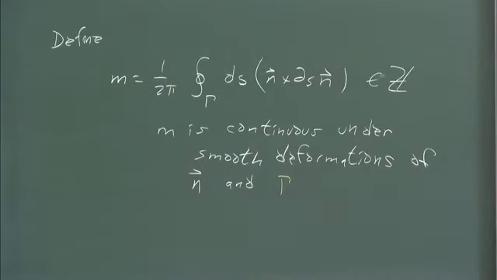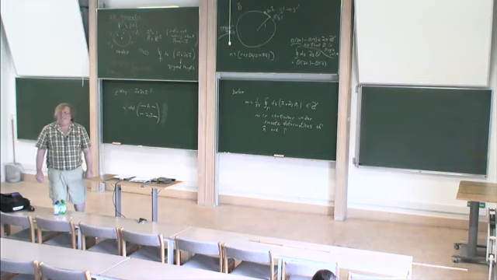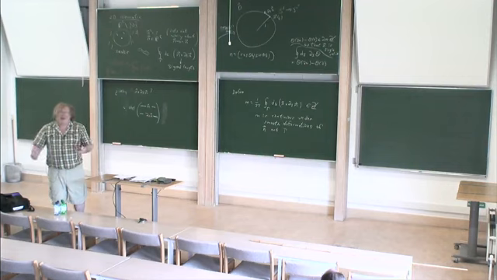And which integers are smooth under continuous deformation? Which integer valued functions are continuous? Constant. Are those the only? Yes, of course they are. How could it jump? It has to be discontinuous to jump from one integer to another.